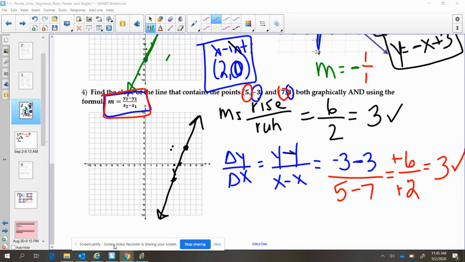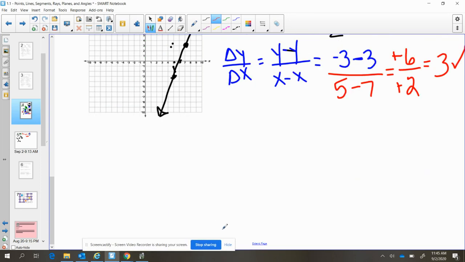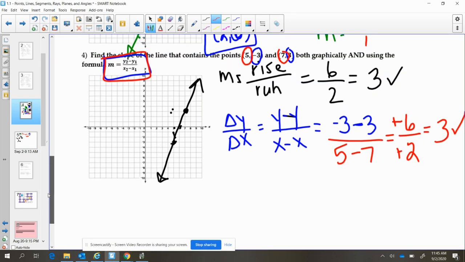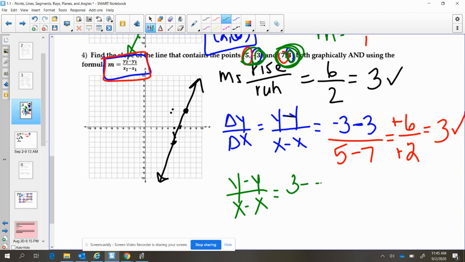So I'm going to expand for a second so we can look at this again. Let's say I switched up the order, and instead of starting with this ordered pair, we start this time with (7, 3). So again, it's still y minus y over x minus x. So we have 3, this y value, minus the second one, which is -3.